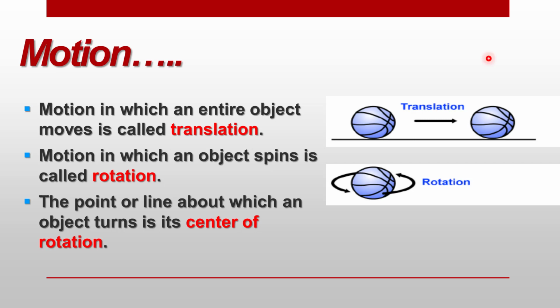If we push the ball from here and it is moving, this type of motion is translational motion. And if we apply force on this ball in such a way that it starts spinning, this type of motion is known as rotation.